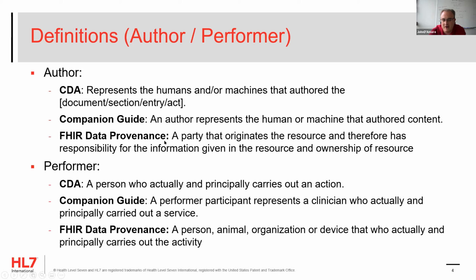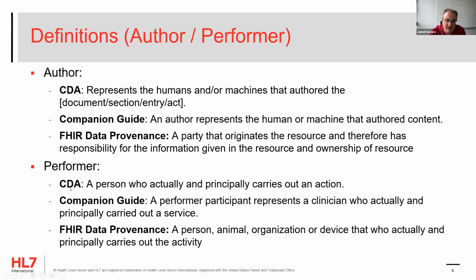From FHIR data provenance, one nice thing they did that CDA and the companion guide didn't is not use the word "author" to describe the definition: a party that originates the resource and therefore has responsibility for the information given in the resource and ownership of the resource. So it's a slightly different way to think about author.